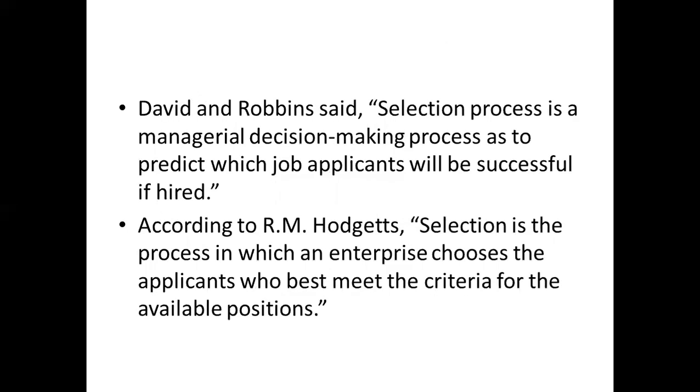According to David and Robbins, the selection process is a managerial decision-making process that has to predict which job applicants will be successful if hired. So selection is a kind of decision making. You are going to decide whom to take into our organization, and you always need to have an anticipation or prediction that this particular candidate will become successful if we hire him.